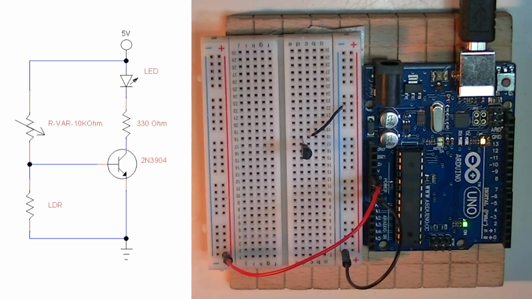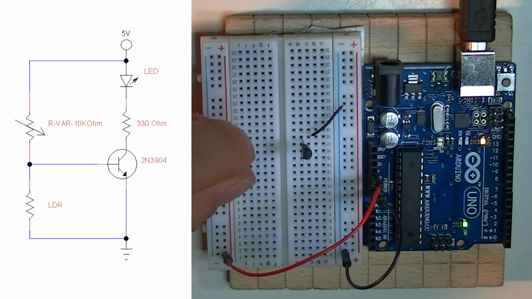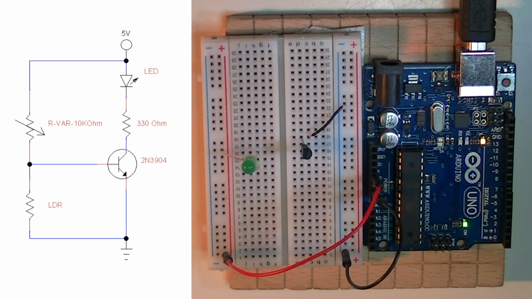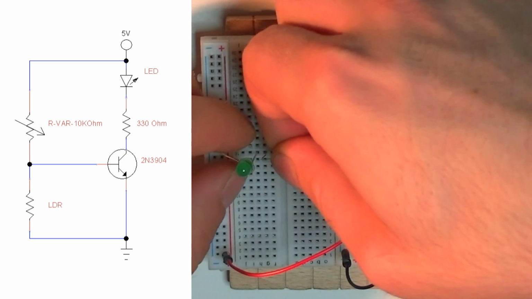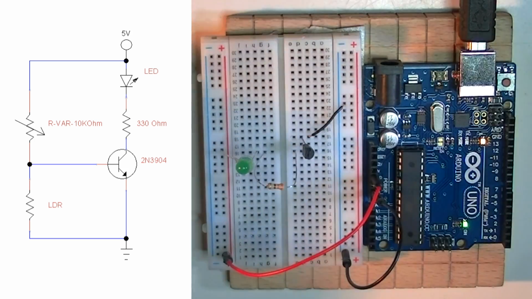So through the collector, we're going to connect an LED and the 330 ohm standard LED resistor. So here goes our LED, and here goes our 330 ohm. Alright.